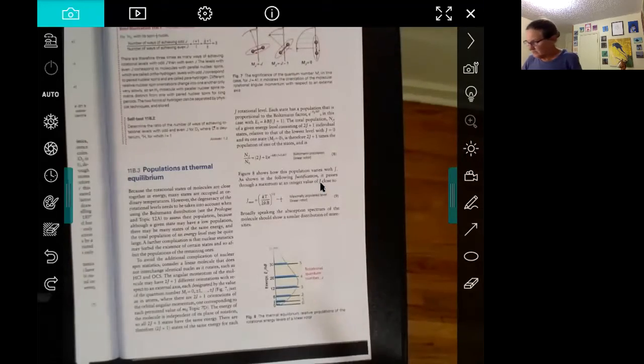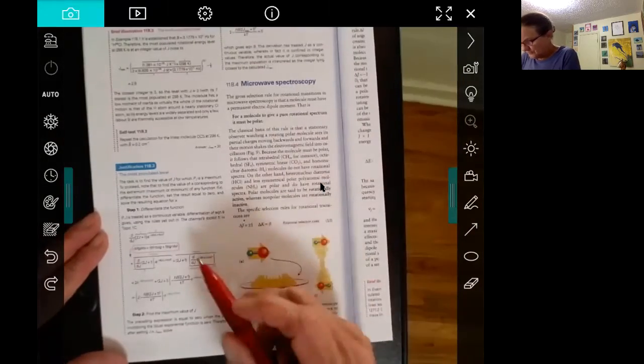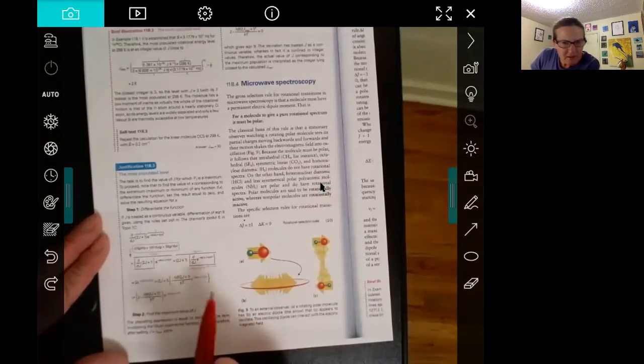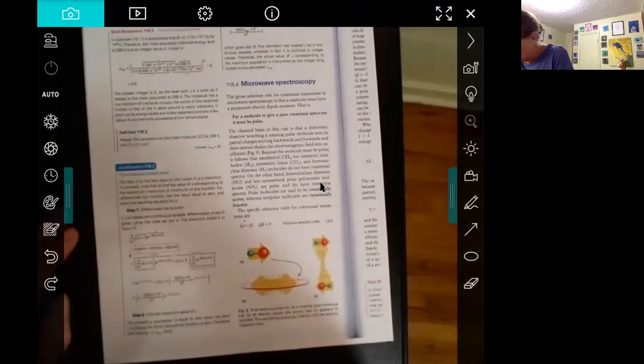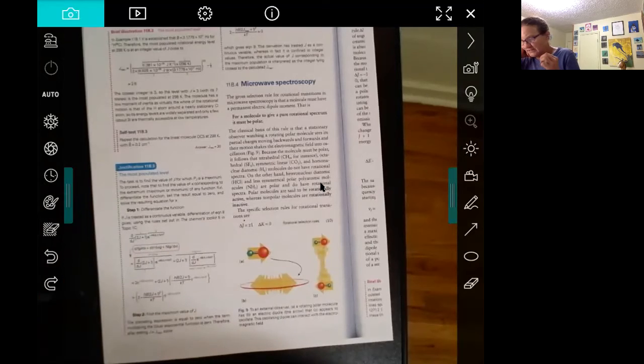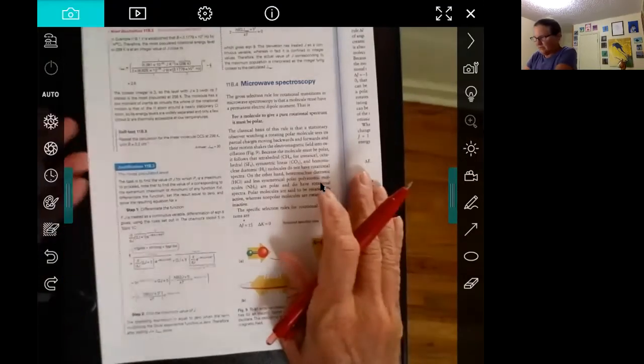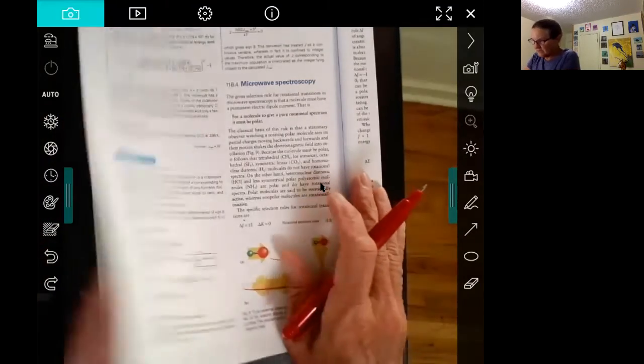And let's just look through the justification because it's an important concept. You're going to do a lot of this as you go along. So we'll start out with this justification, and you can follow along on page 464. In order to find the maximum, we're going to take a derivative with respect to J, because we want to find when that population of states is a maximum.